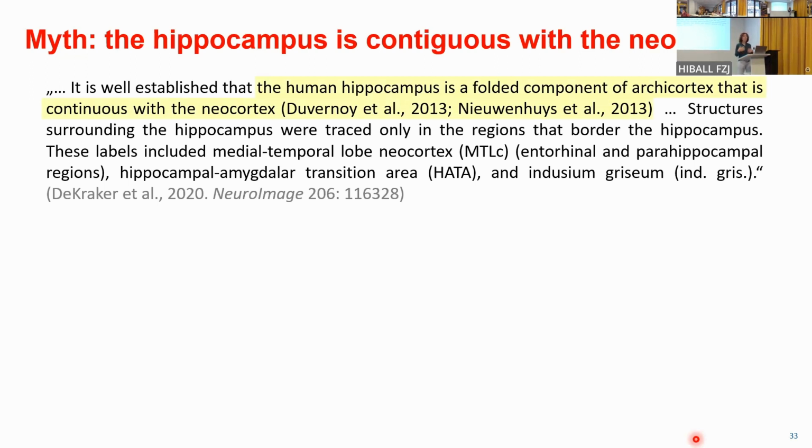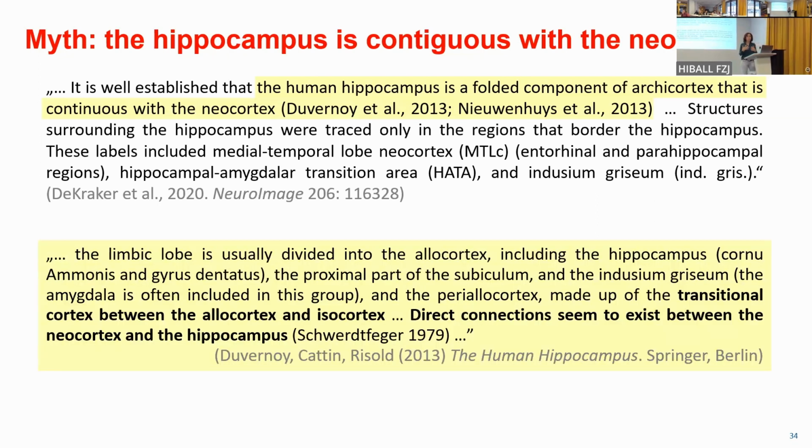Now, the Duvernoy and the Nieuwenhuys are both really nice textbooks, but they're only textbooks. They present a highly simplified view of things, okay? And I must confess that I didn't believe that the Duvernoy had written this, right? Because reading that the hippocampus is continuous with the neocortex was something absolutely new for me.